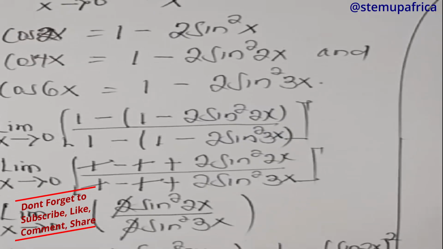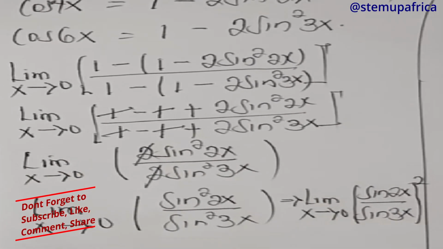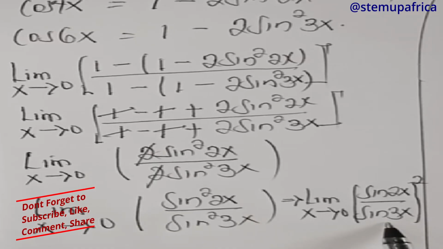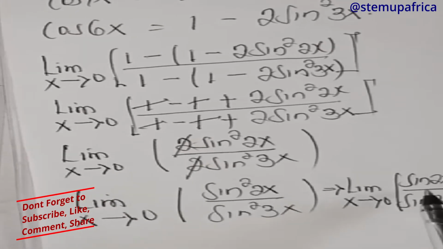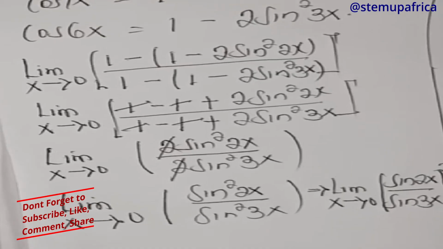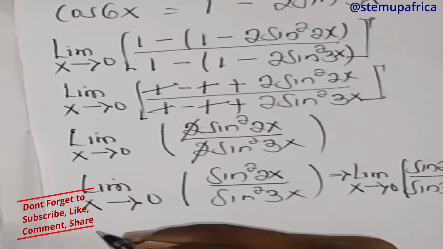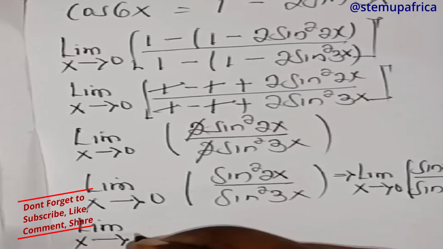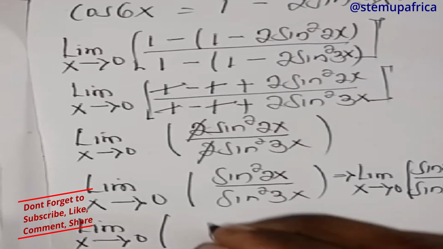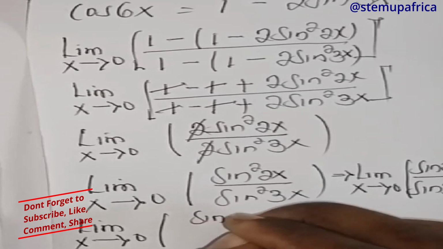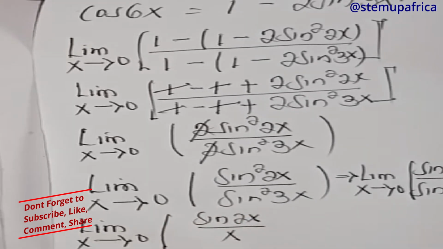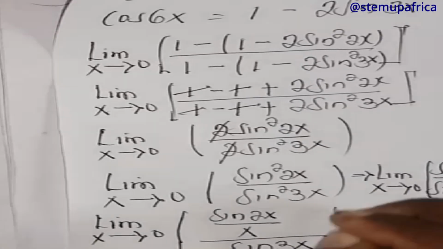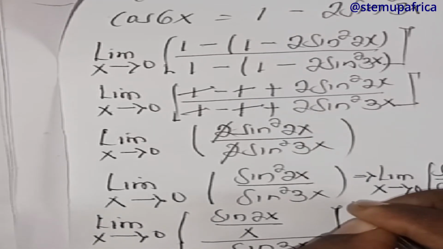But you look here, we're having sine 2x over sine 3x. So that means I can divide through by x to obtain the special limit. So I'm having lim x tends to 0 of (sine 2x over x) over (sine 3x over x), squared.